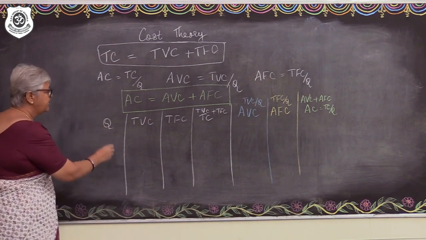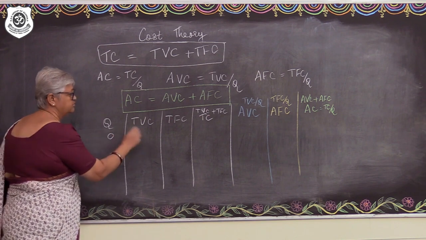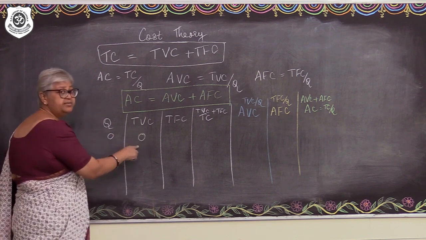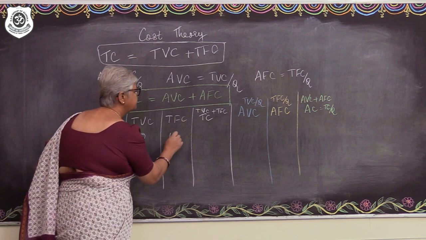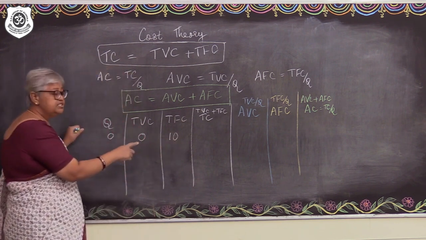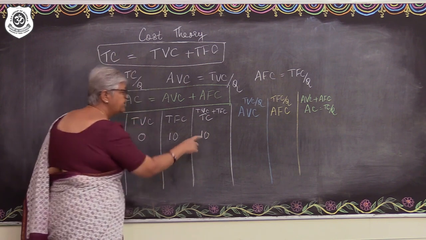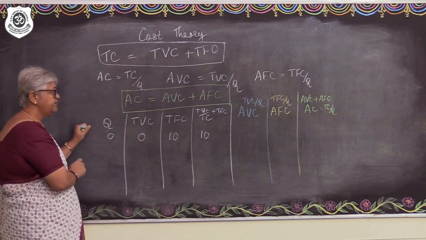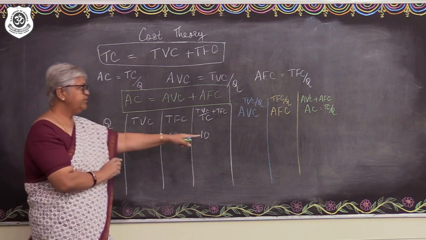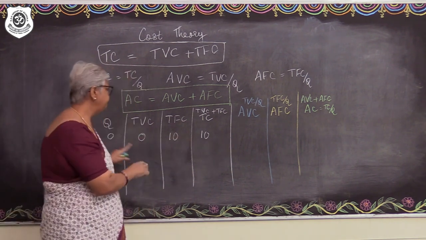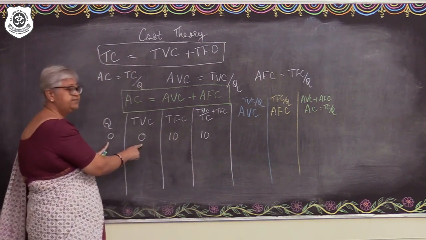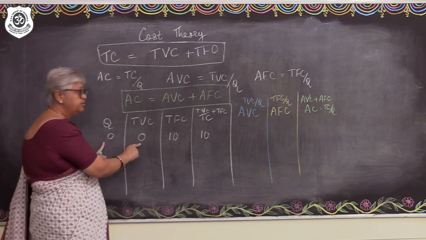So, let's start with 0 level of output. We know that the total variable cost will be 0 and the total fixed cost will be some positive amount. And because of that, the total cost will also be a fixed amount. Fine? What about the average variable cost? Average variable cost will be TVC by Q. So 0 by 0.